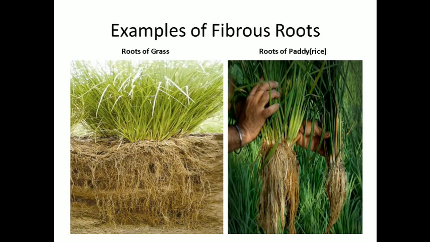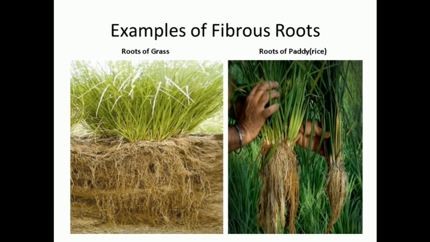Now you can see here, as I told you already, the roots of the grass are fine thread like. Can you see over here on the left hand side? These are fine thread like roots. Similarly, observe the roots of paddy. Paddy means rice. You see over here the roots are fine thread like.